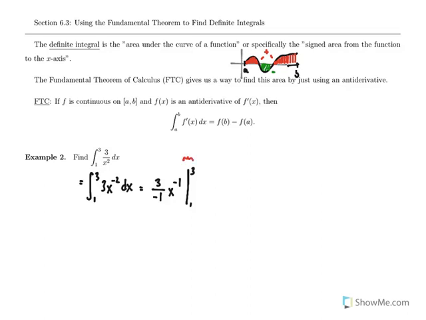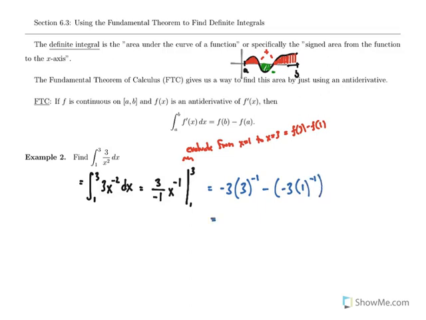So this notation means evaluate from x equals 1 to x equals 3, which is going to mean we do this f of 3 minus f of 1 business. So overall we have, this is going to be negative 3 times 3 to the negative 1, minus negative 3 times 1 to the negative 1.